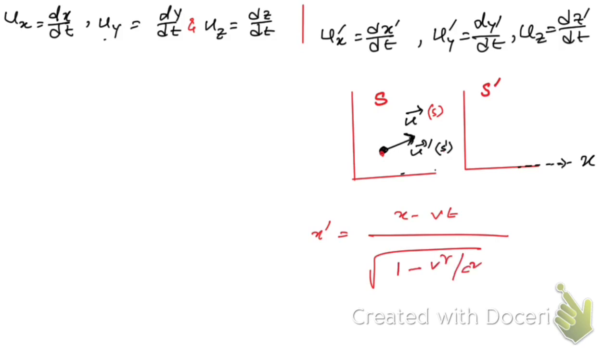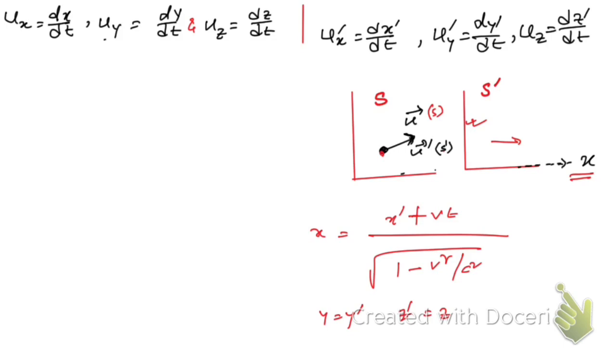And as you see, this frame is traveling along the x-axis, so only one coordinate will change, so that's why y dash remains y, and z dash remains z, right? Hope you have understood this. Now if you take the inverse Lorentz transformation, then what happens? This x should be written here, and this x dash should be written here, and this minus will be plus, right? This is the inverse Lorentz transformation, right?